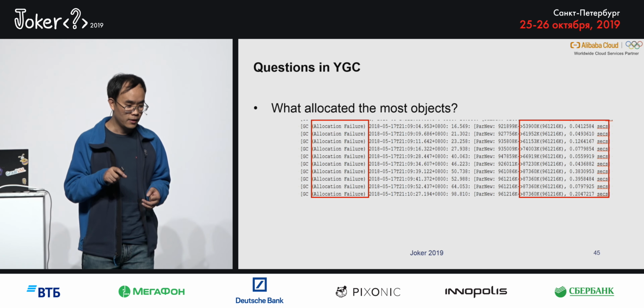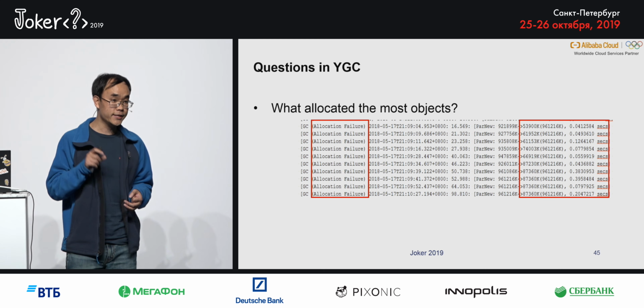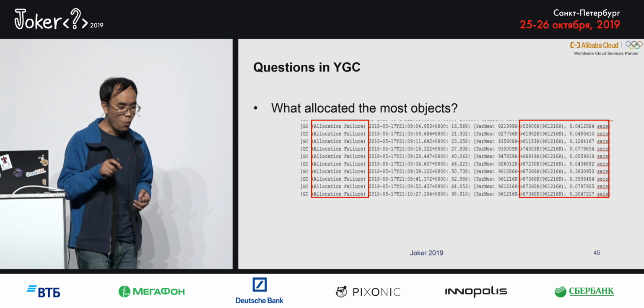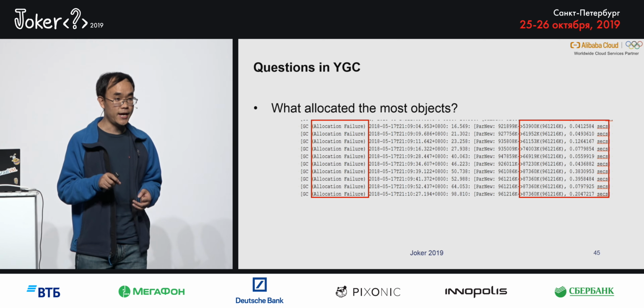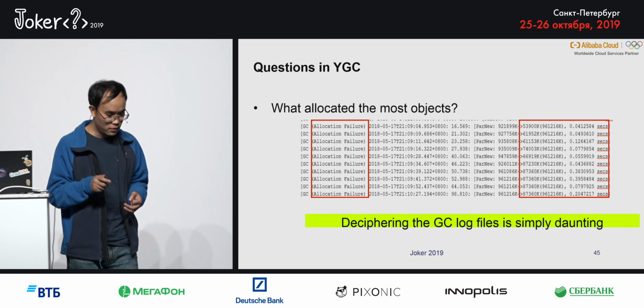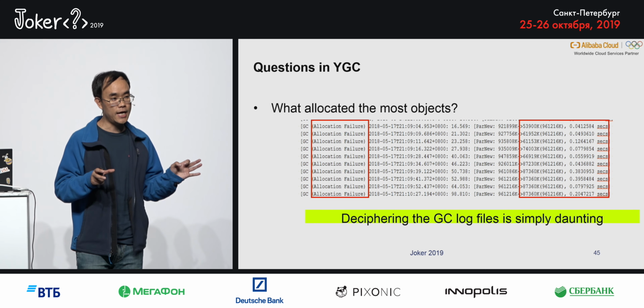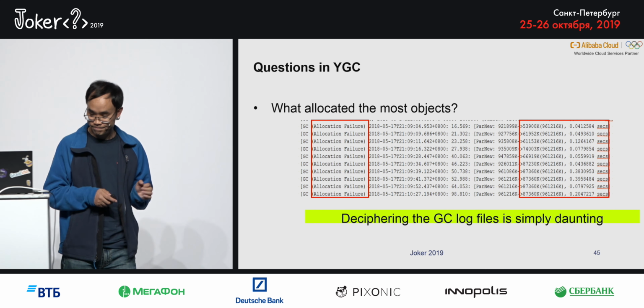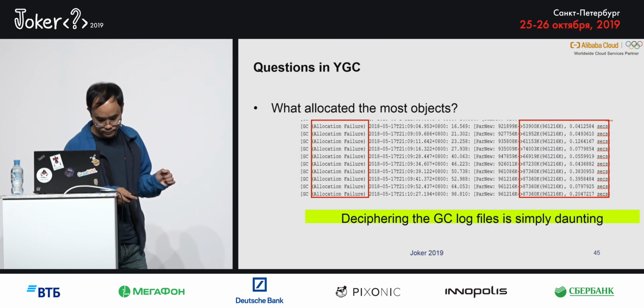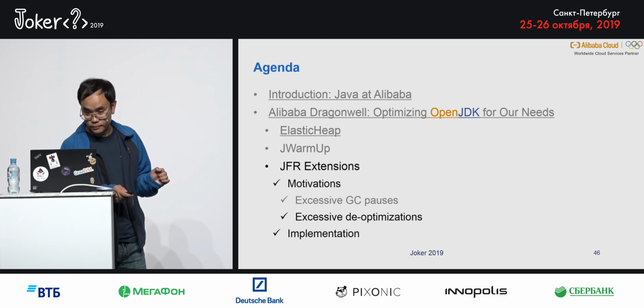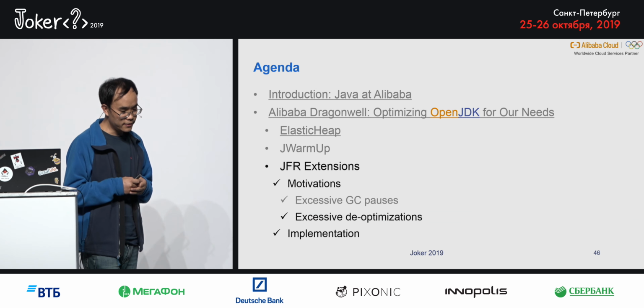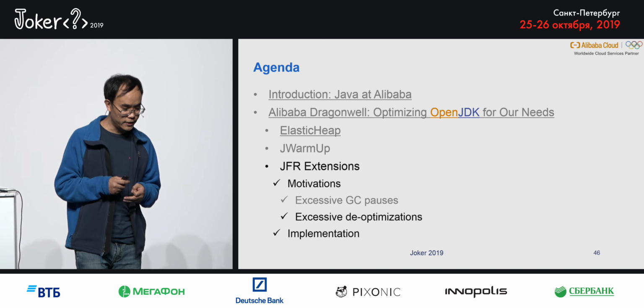The problem here is the GC log cannot tell you what allocates the most objects, right? So that's the problem. That's why we want to extend JFR events to do that. I think this is for excessive GC pause.